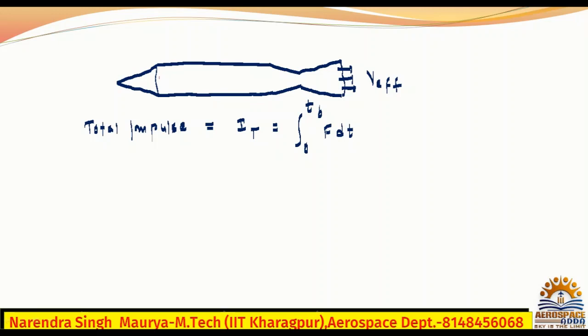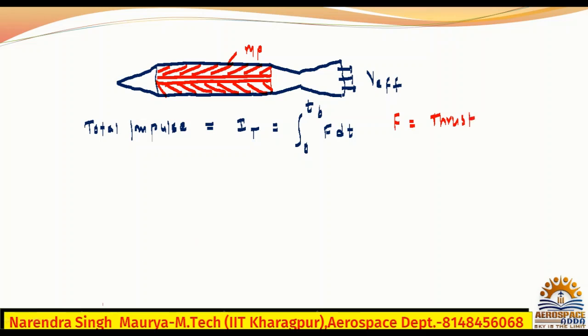This is the propellant, MP, and F is the thrust.